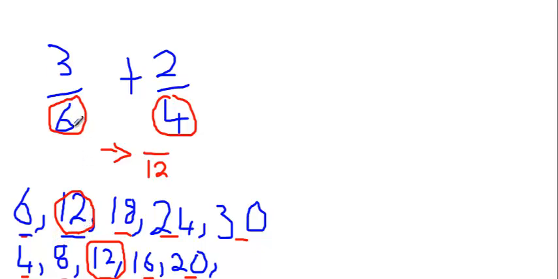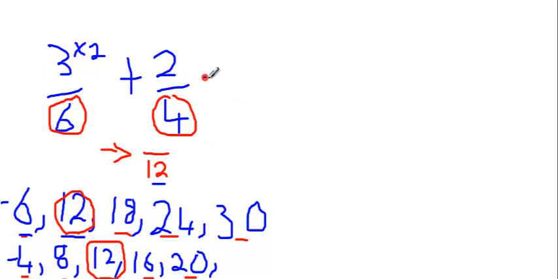If there are 2 6s in 12, we're going to multiply the numerator, the number on top, by 2. The reason we do that is because there are 2 6s in the number 12, which is the lowest common multiple for 6 and 4.